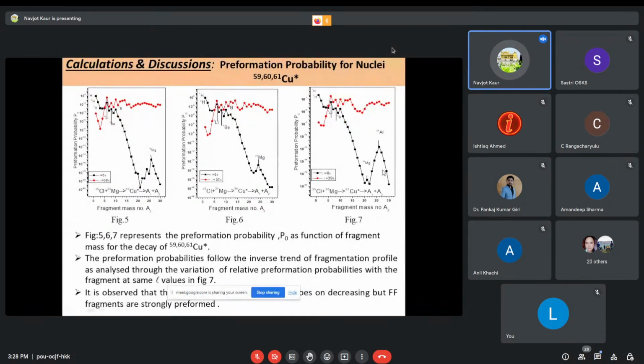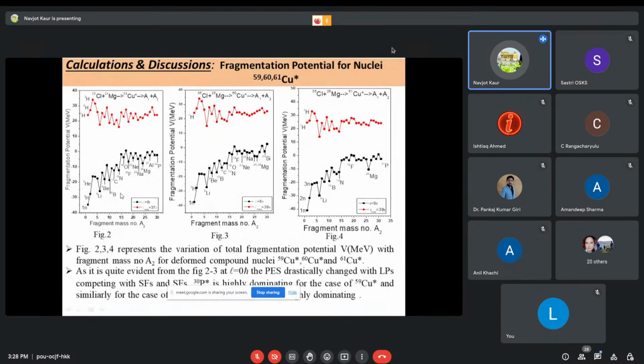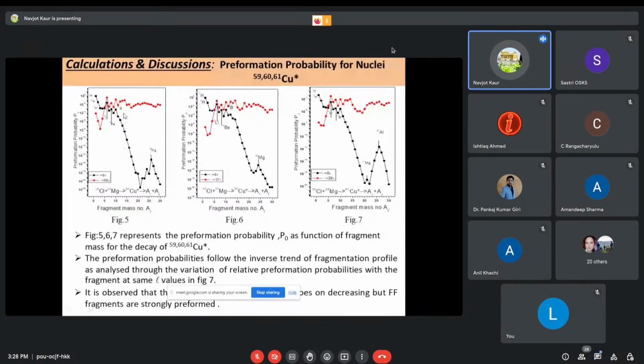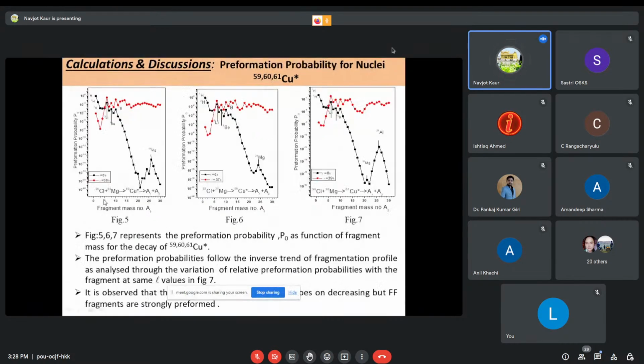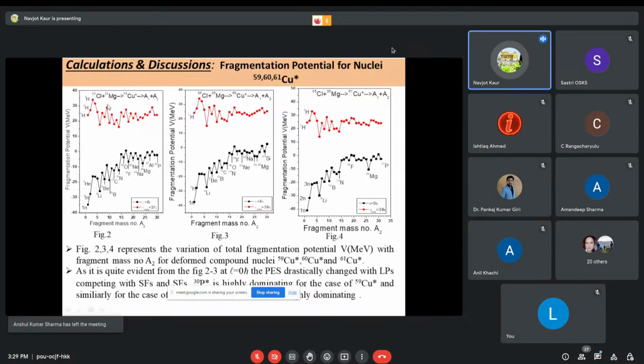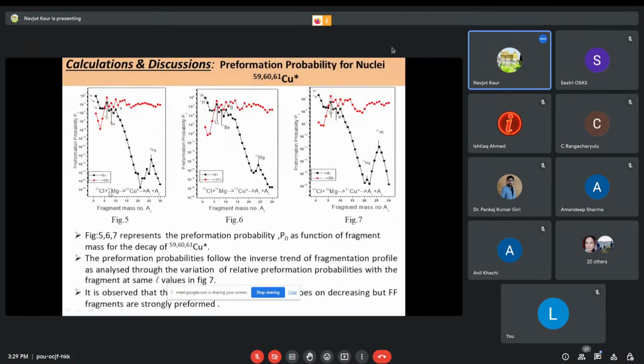But when we look at the preformation probability for these isotopes, in this trend, the dominating parts give the high peak. Suppose here we have 6 lithium in the dominating area, but for the preformation probability, it shows the inverse trend. 6 lithium is at the maximum here, but there it shows the least behavior.